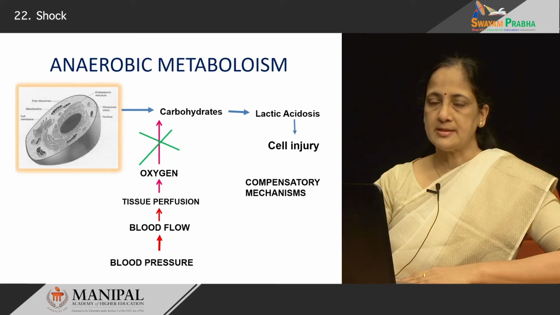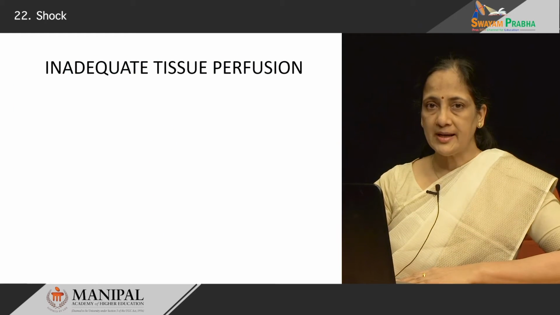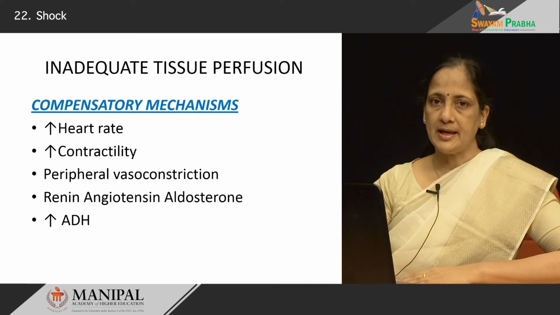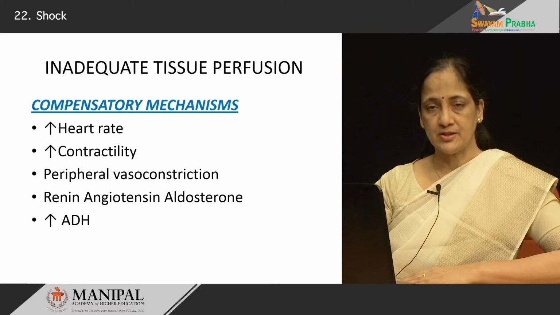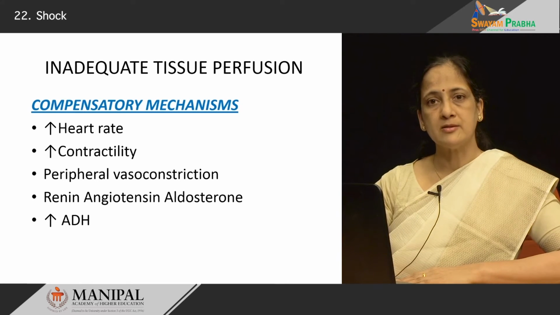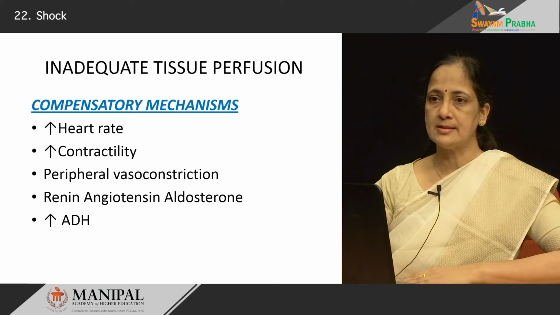Now, in a normal person, there are several compensatory mechanisms which will try to negate these detrimental effects. These mechanisms include an increase in the heart rate of the patient, an increase in the contractility of the heart, allowing more blood to be pushed out into the circulation, peripheral vasoconstriction so that the blood is redistributed to vital organs.